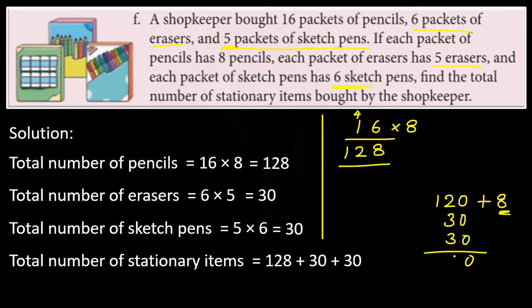On adding all this, we get 180 plus 8, which is equal to 188. Therefore, the total number of stationery items the shopkeeper bought is 188.